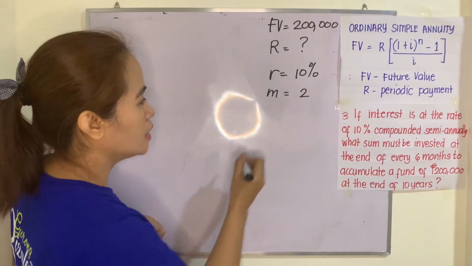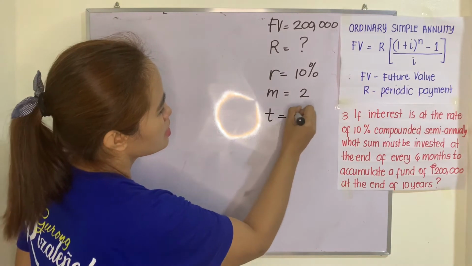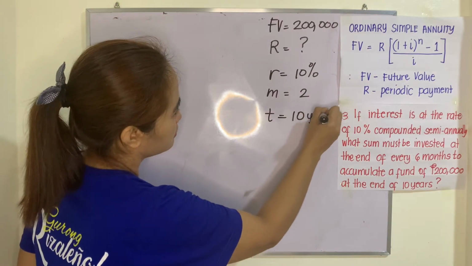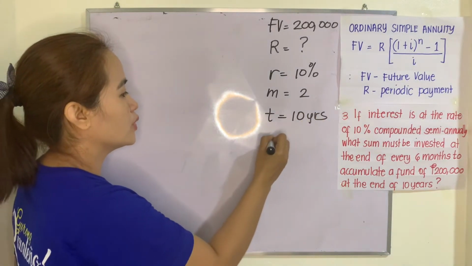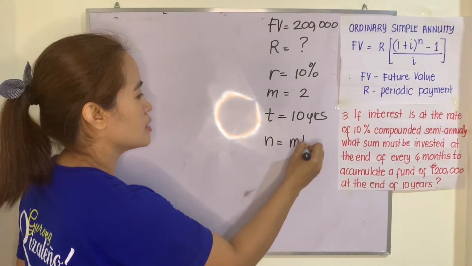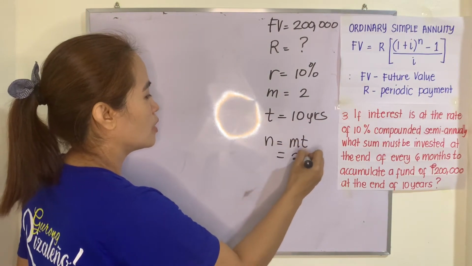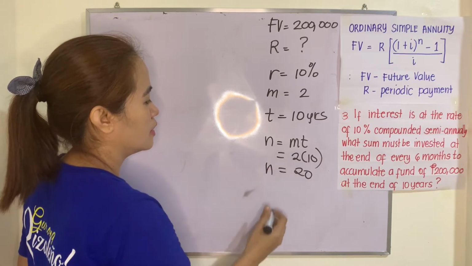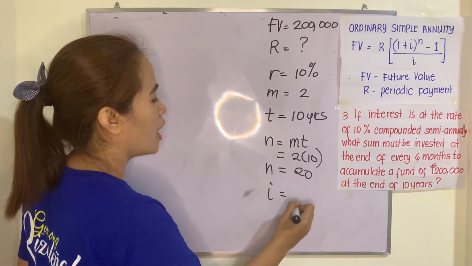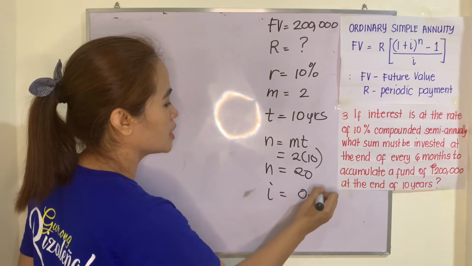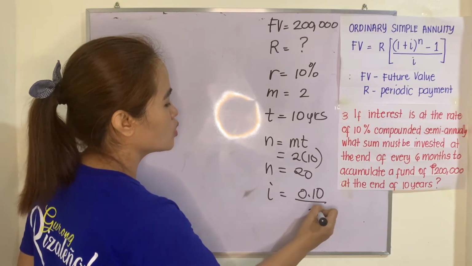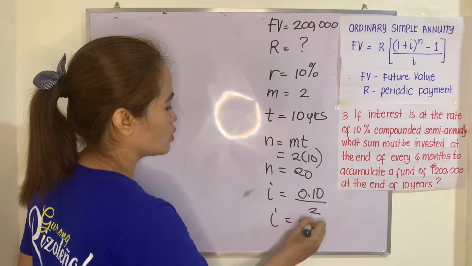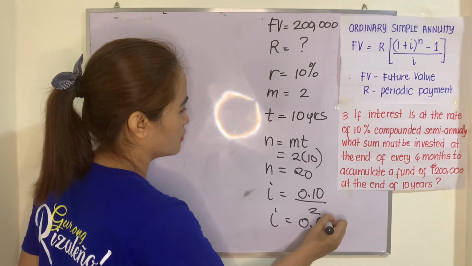And then our T is 10. We can now compute for the N, that is M times T. That will be 2 times 10, it's 20. And then the I, that is R, 0.10 divided by 2. So I is equal to 0.05.